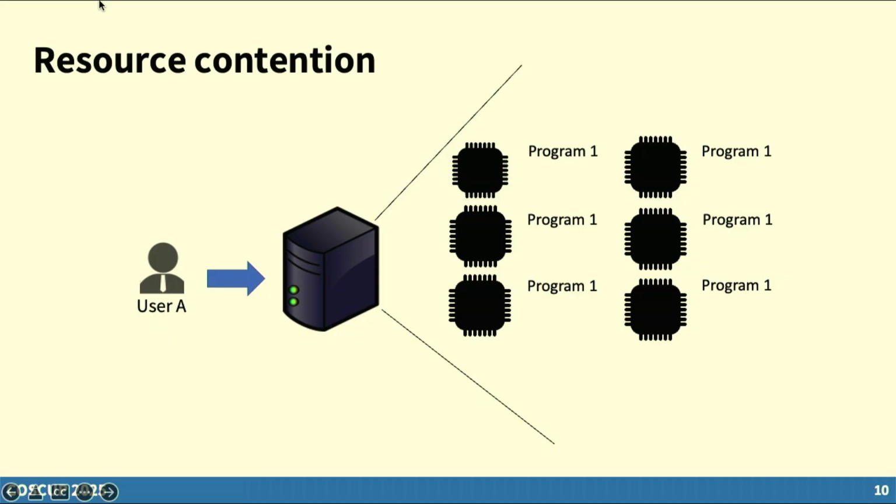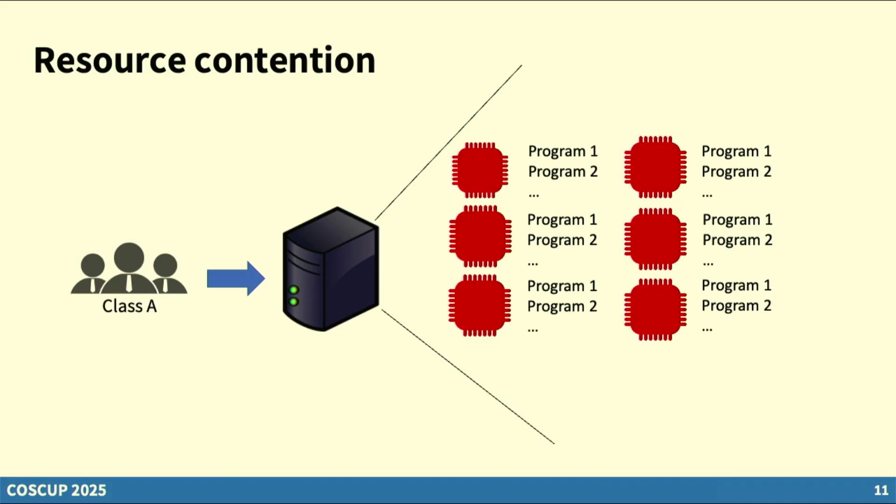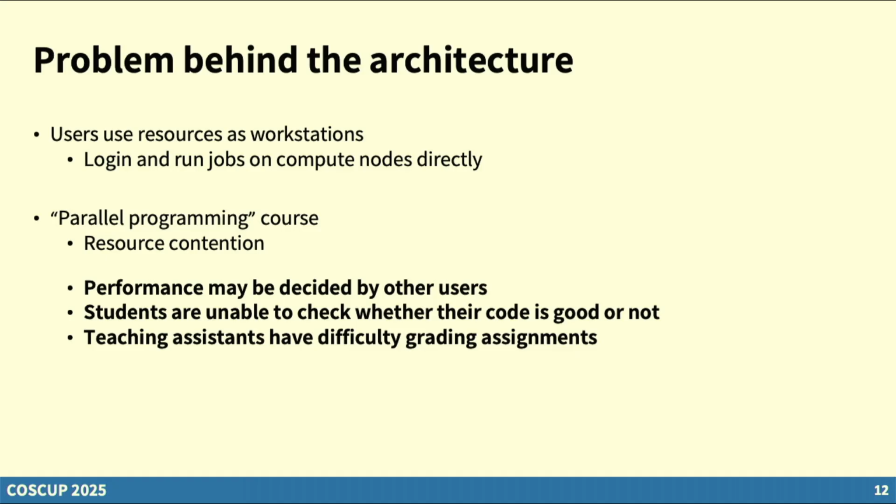If a user logs into a compute node and runs a multi-thread program, everything works well. But what if the homework deadline is coming? Many people log into certain nodes, and because there are so many people and the resources are limited, they may run multi-thread programs at the same time, and you will find that the CPU cannot handle that, and the performance will be very poor.